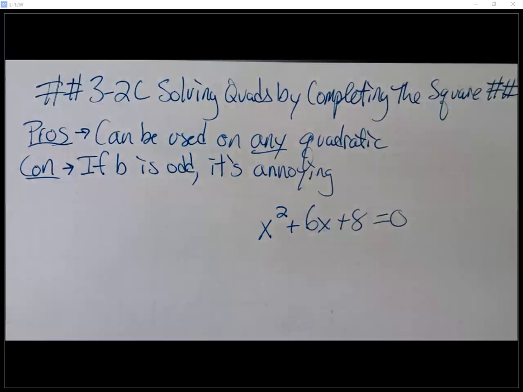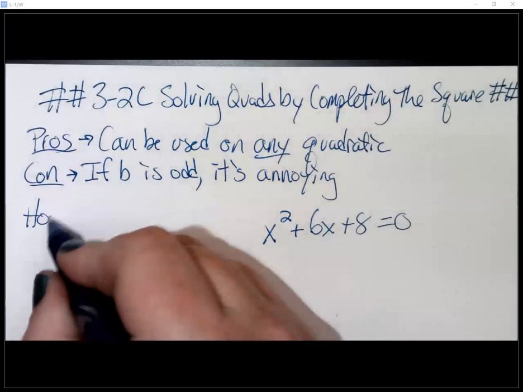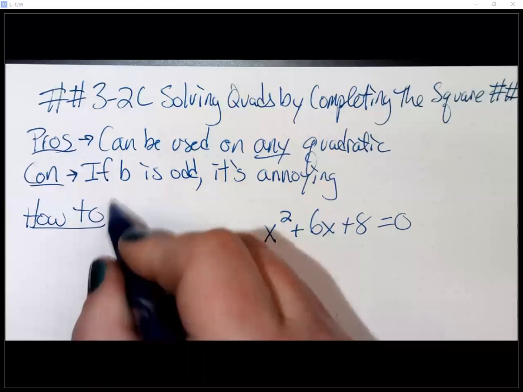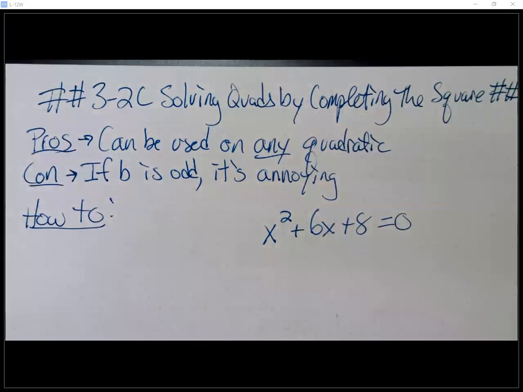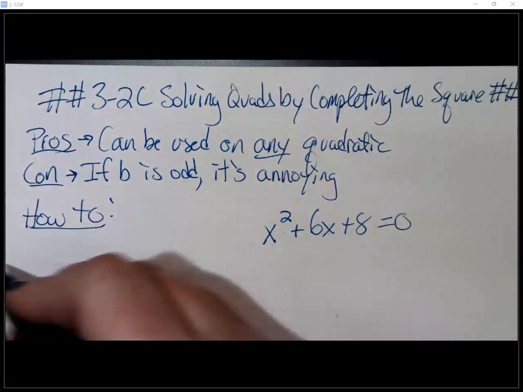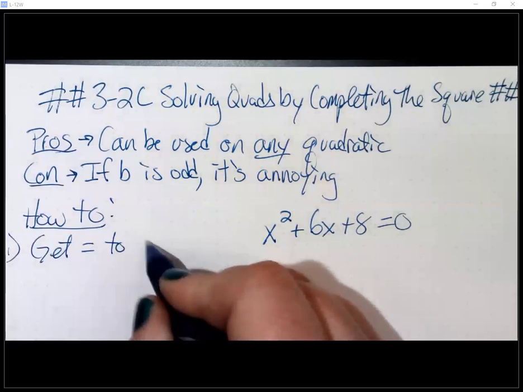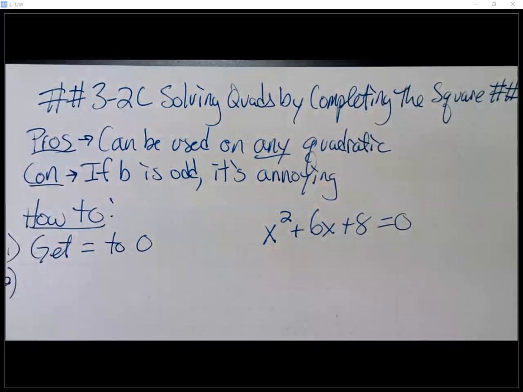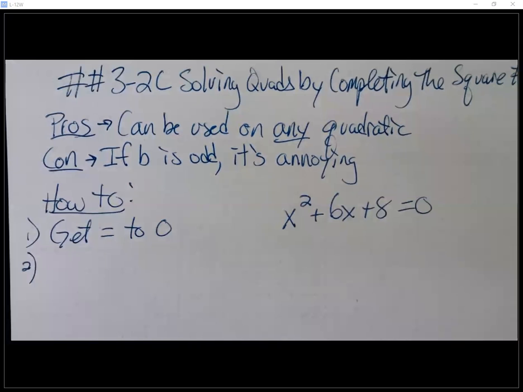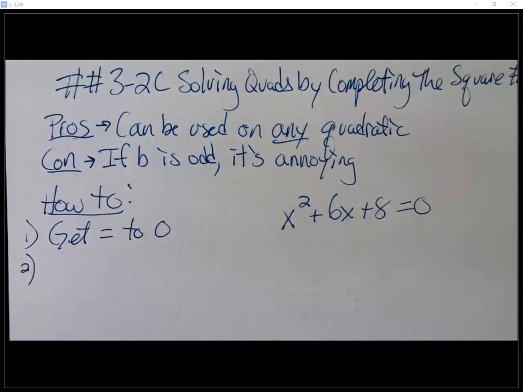Okay, so how to. Step 1, you have to make sure that it's set equal to 0. If it's not equal to 0, make it equal to 0. The other thing that's kind of inconvenient is that A has to be 1. But Miss Sabia, I thought you said you can do it on any quadratic. You can. If A is not 1, you basically force it to be 1.